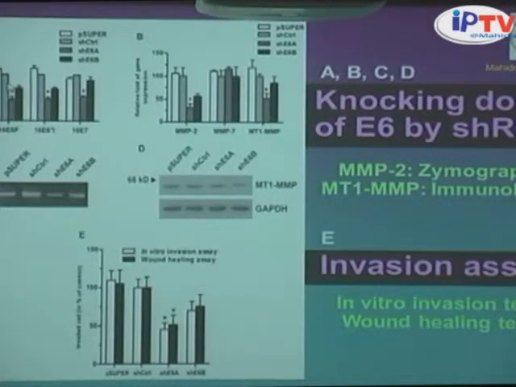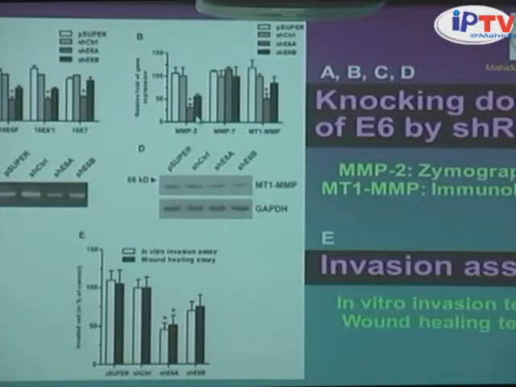And we knocked down the E6 protein using the shRNA technology. First, you see that we check the level of the oncogene that has been expressed in this knockdown cell line, and you will see that E6 full length, E6 star, and E7 levels are all dropped.